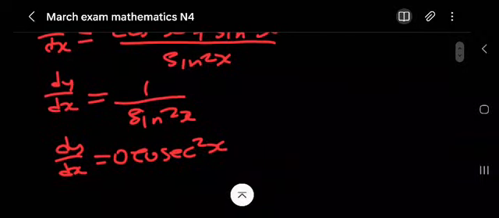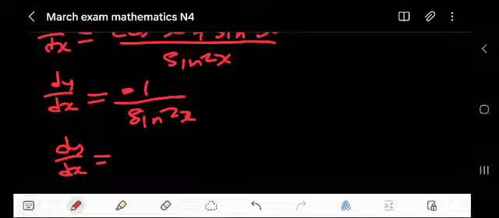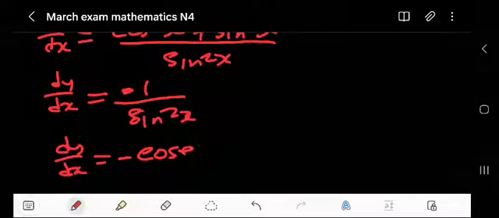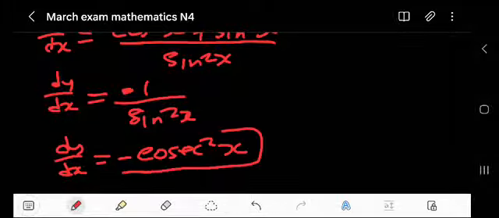When I have the top there, I left it as a negative, whereby this will result in negative cosec squared x. This is what we're supposed to have there.